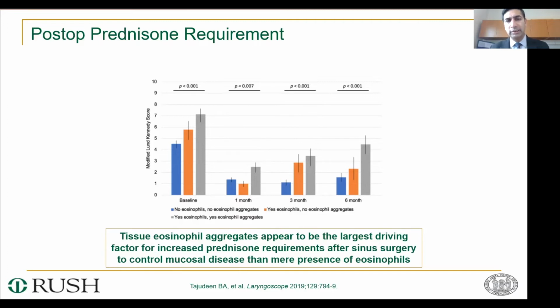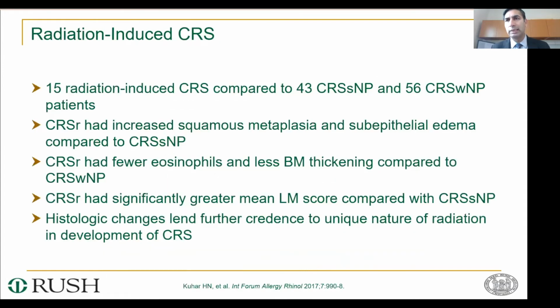And again, tissue eosinophil aggregates were the largest driving factor for increased prednisone requirement after sinus surgery to control the mucosal disease. I think this is an important counseling point for patients, and we often do this during the first post-op visit, review the structured histopathology, and counsel patients accordingly.